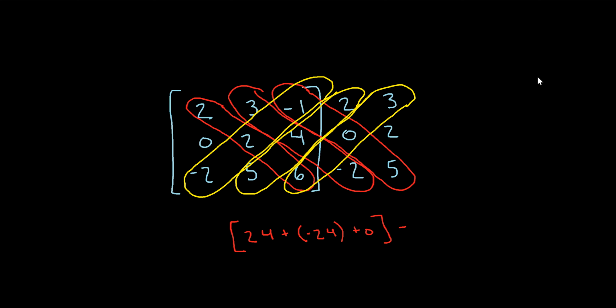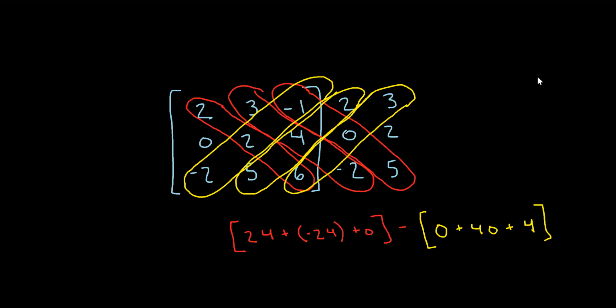And then what we do is we subtract the sum of the products on the anti-diagonal. So 3 times 0 times 6, that's just 0, plus 2 times 4, that's 8, times 5 is 40, plus -1 times 2, that's -2, times a -2, that's a positive 4.